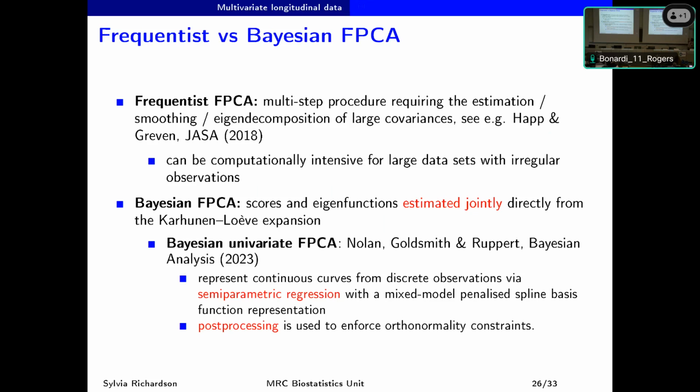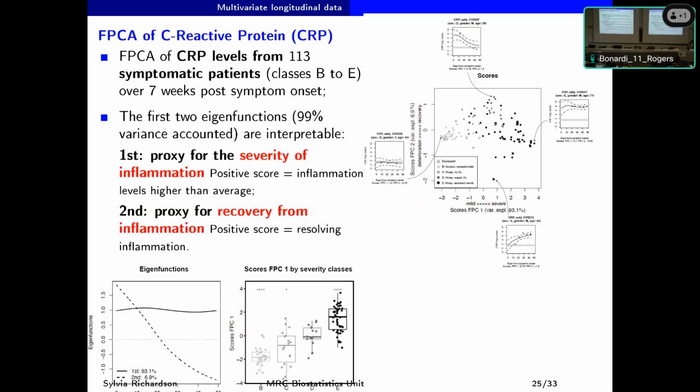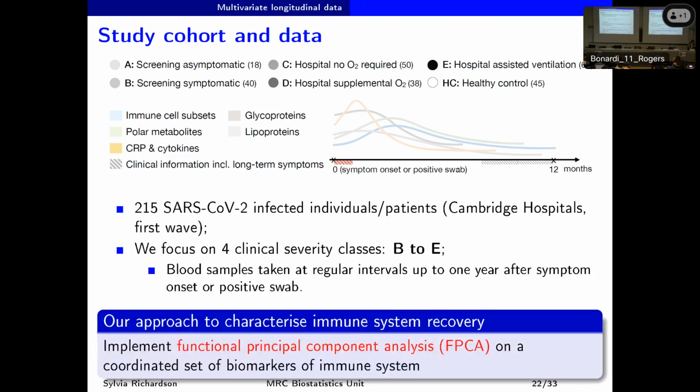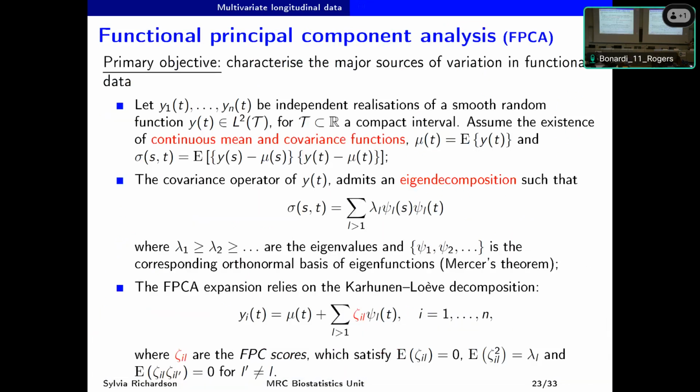Whereas if you do it in the Bayesian way, you forget about the covariance and you start from this, and you directly target a model of this, like a regression, basically.